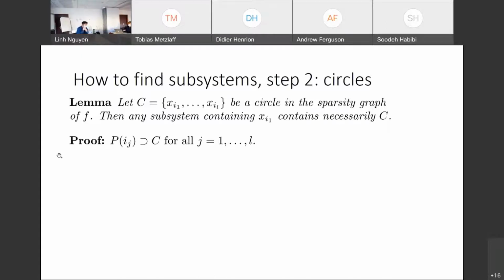If we have a circle in our sparsity graph, and we look at any subsystem that contains one of the nodes in a circle, then necessarily the whole circle has to be contained in the subsystem. This is also very clear, because if you have a circle, then each node influences any other node as well. So to say, for those of you that like discrete graph problems, that would induce a complete graph, for example.